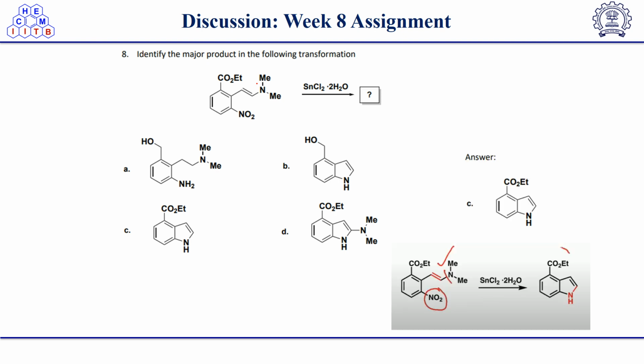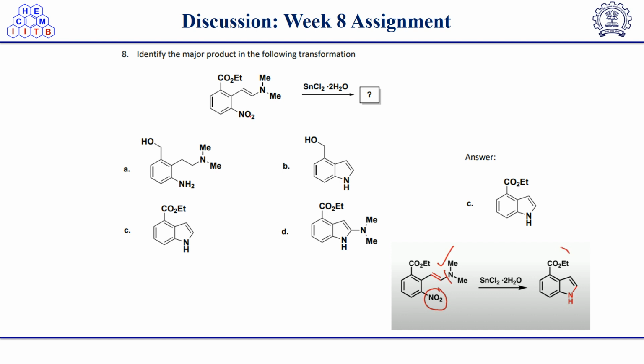So here what is happening is that this particular compound gets reduced. This NO2 group will get reduced by the hydrated SnCl2, and it will get converted into NH2, and then this enamine will also get hydrolyzed and it will form the corresponding aldehyde.